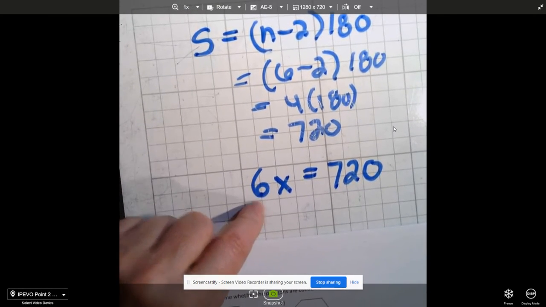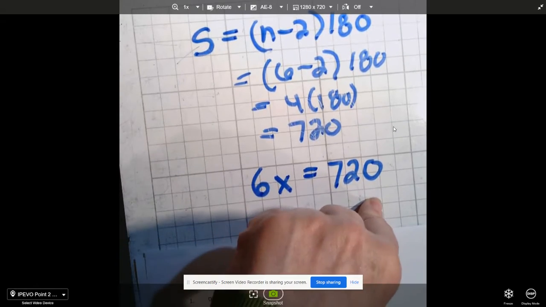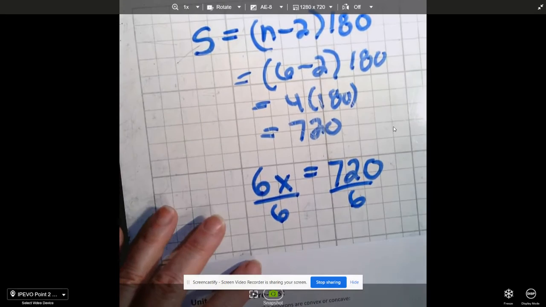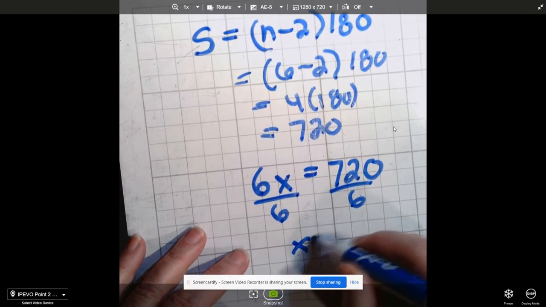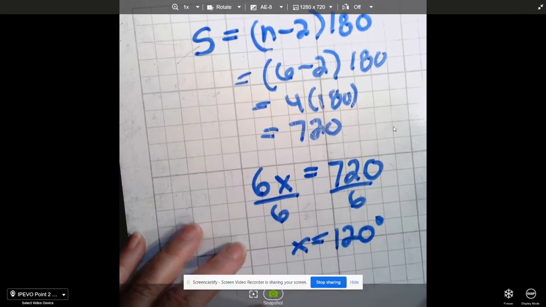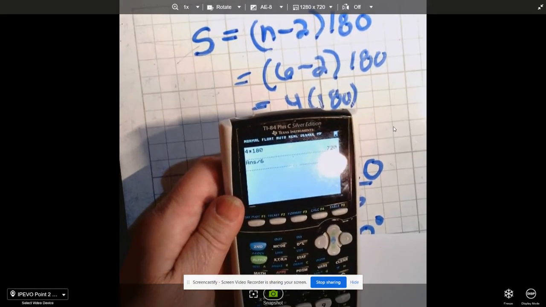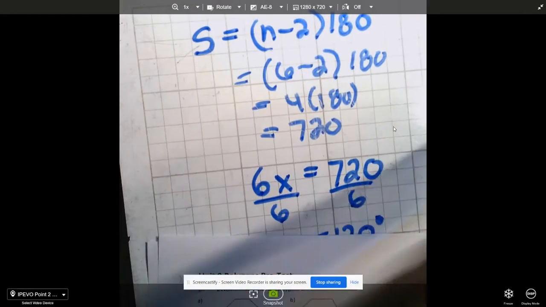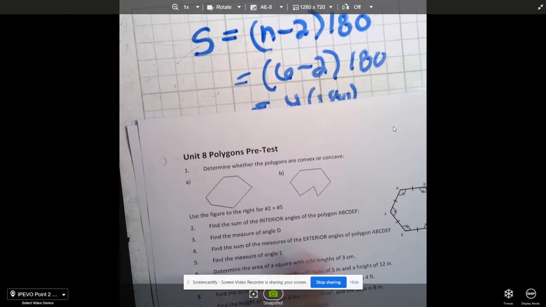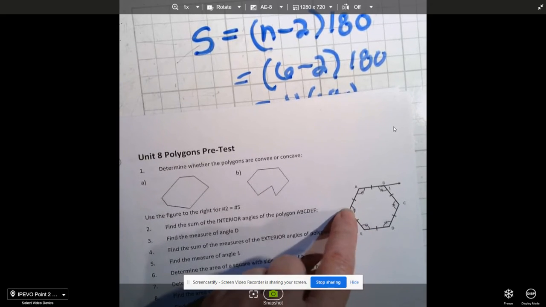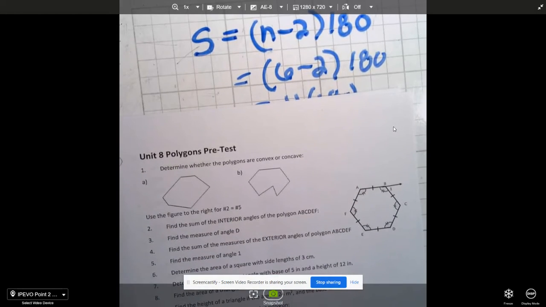If I just want to know what one angle is, I can divide both sides by 6, and I'll get 120 degrees. So the measure of angle D is 120. They're all 120, going around.